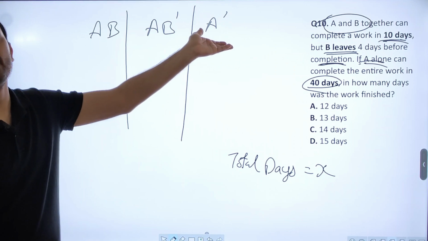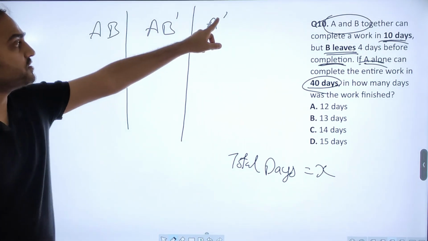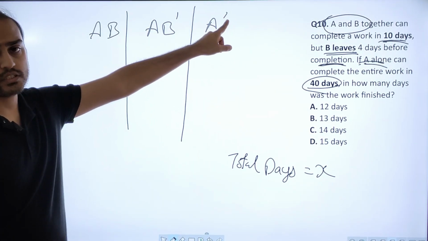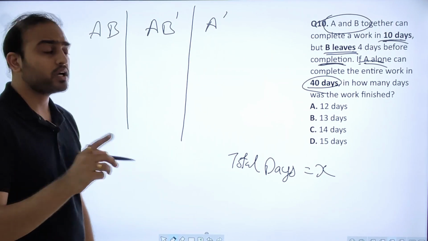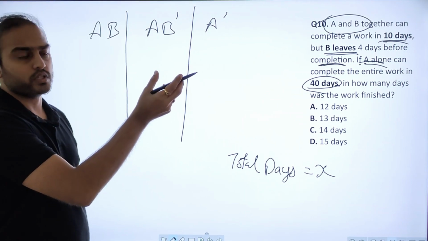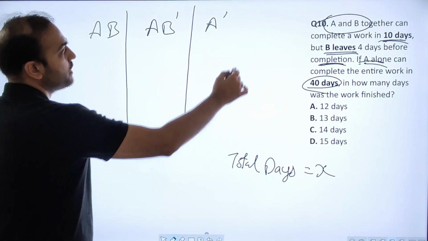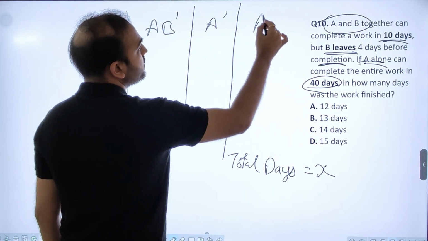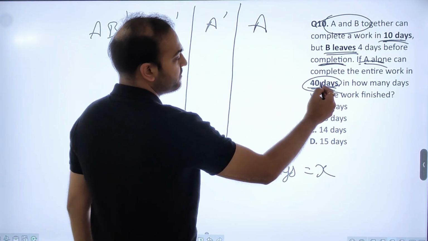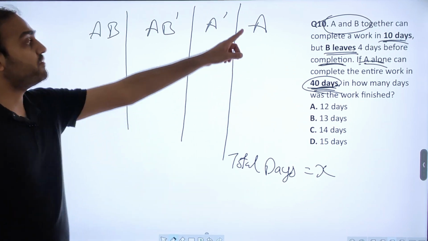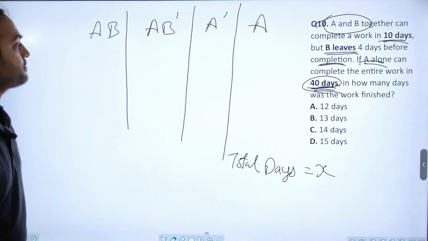A has to work alone and finish the remaining work. This is not A without a dash, because dash means A is not doing the whole work, he is only doing a portion of the work. And my final column is for my second statement: A alone can complete in 40 days. So this is when A alone works.